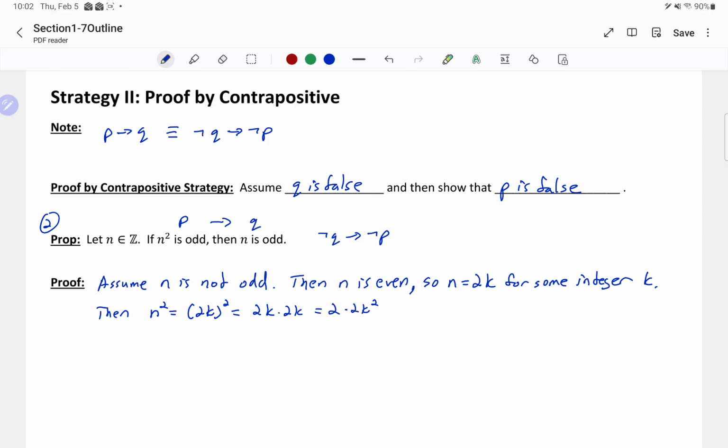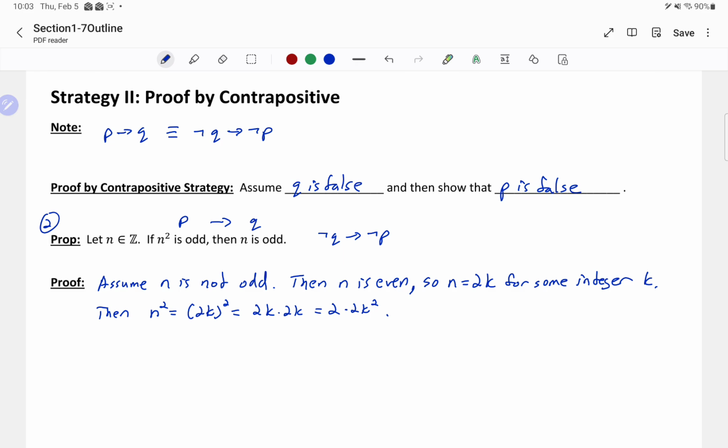I could have jumped to 4k squared, and that would have been fine also. But if we're wanting to show that n squared is even, we need to write n squared as 2 times an integer, and so we need to show how we can do that.